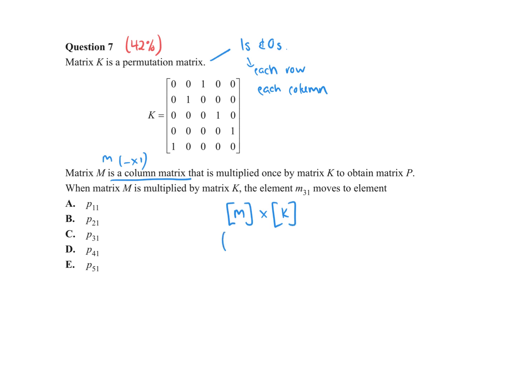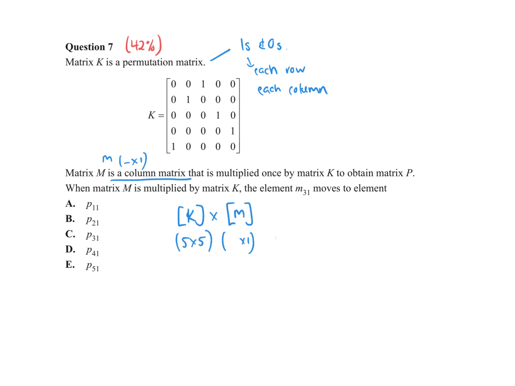Now I know M is a column matrix, but I can see K, and K is a 5 by 5. So I need to put K at the front because it wouldn't be defined otherwise. Does that make sense? So it's going to get multiplied, but this is a 5 by 5.